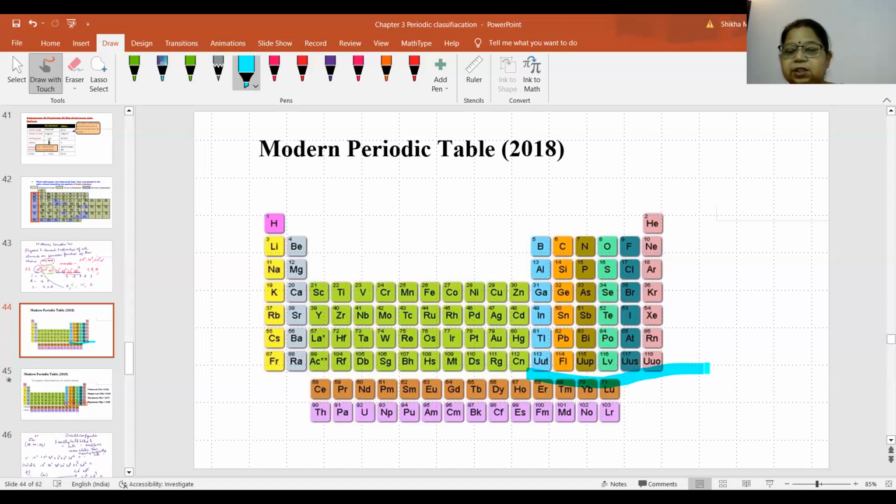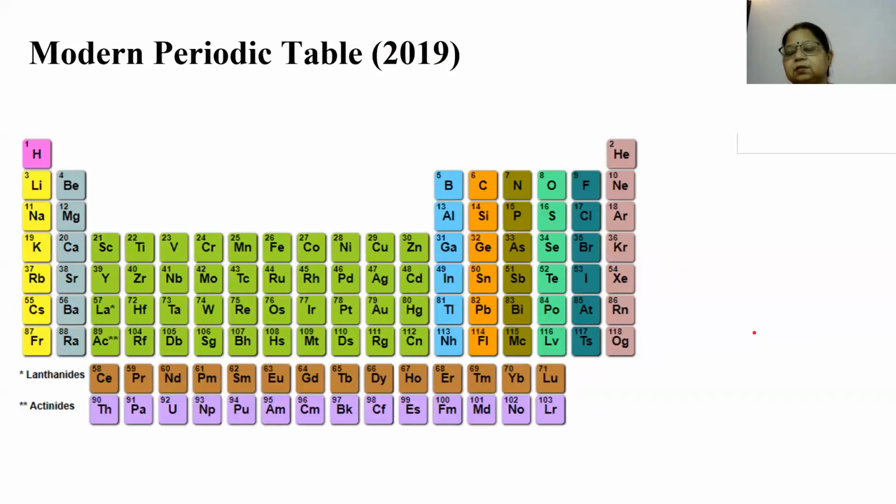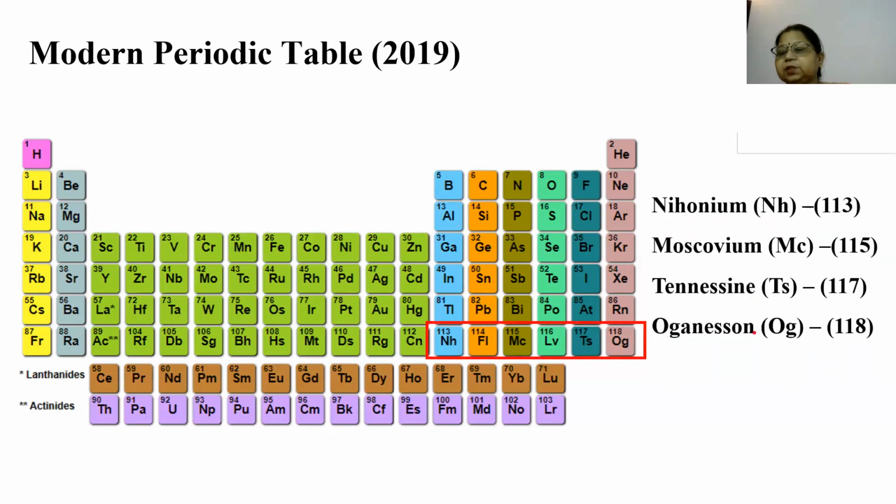So in 2018, UUT, UUP, UUS, and UUO were not known to us, but in 2019, IUPAC recognized their existence. Now you know them as nihonium, moscovium, livermorium, tennessine, and oganesson. So the total number became 118.